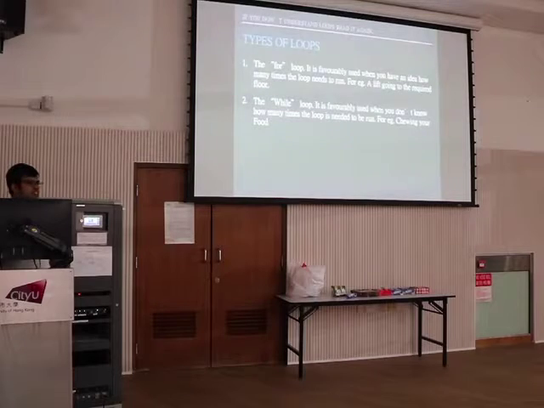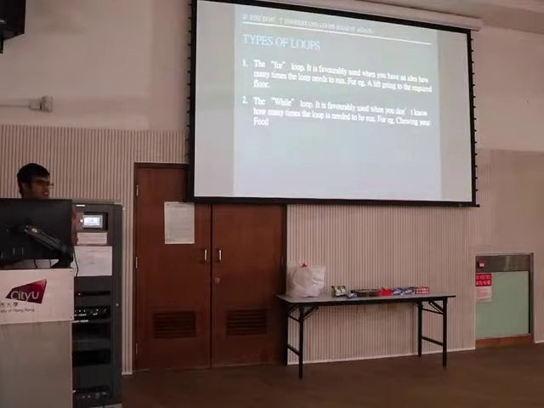A for loop is generally used when you know how many times you're going to run the loop, whereas if you don't know how many times the loop is going to run, you can use a while loop. These loops are named in a sense that their actual name will appeal to the code writer, so he or she can understand how it's going to work.